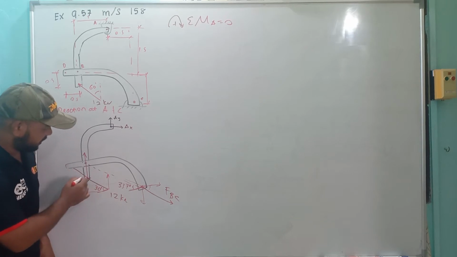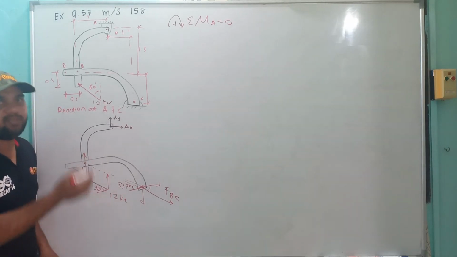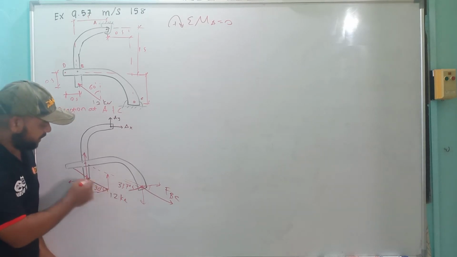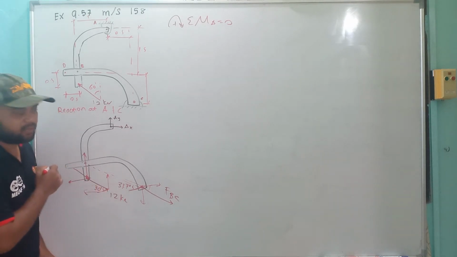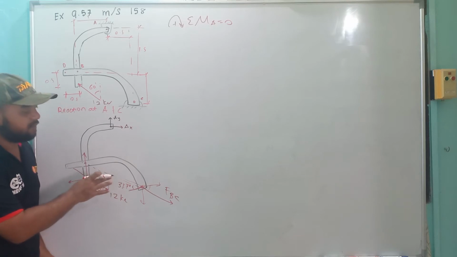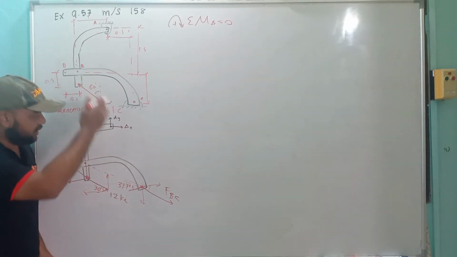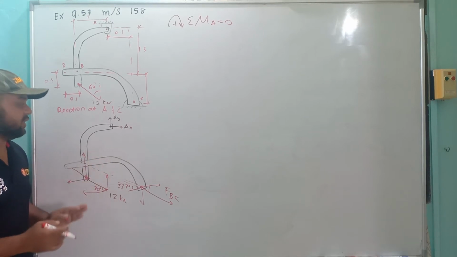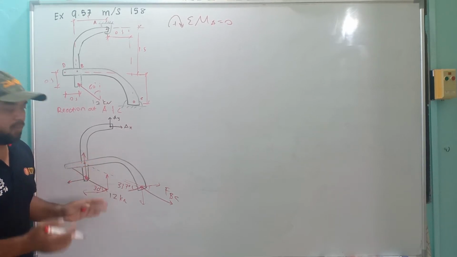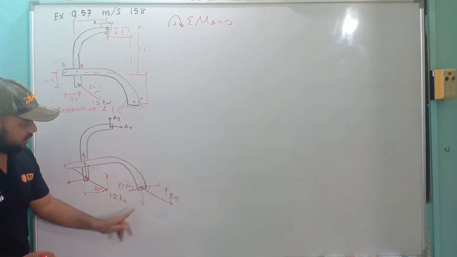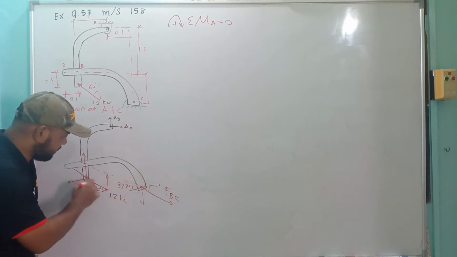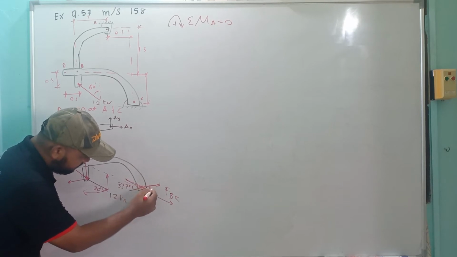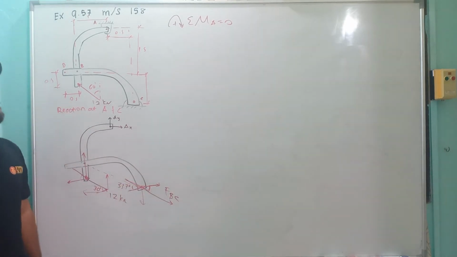To make sure you know that the force is acting on this point, it is important for us to know which point to take which distance, for the correct distance to calculate the moment. So we have 30 degrees here, and the same angle here.